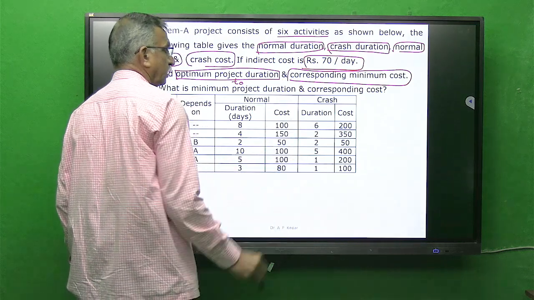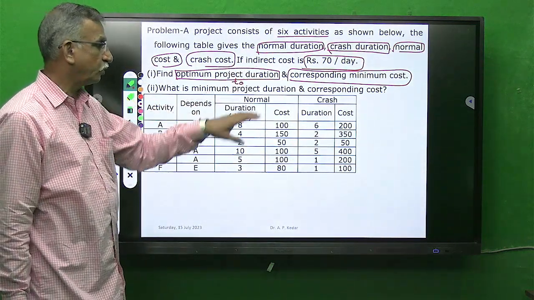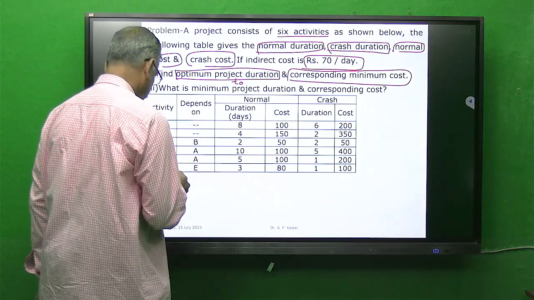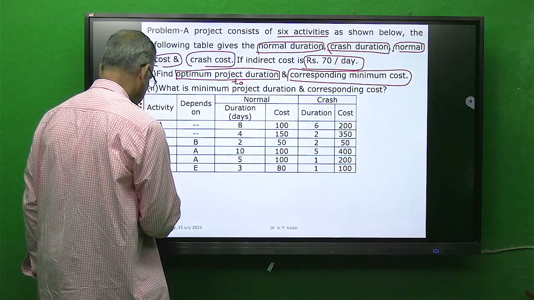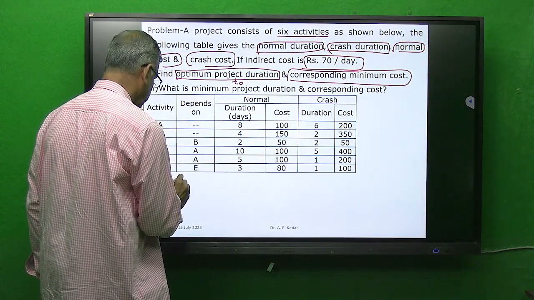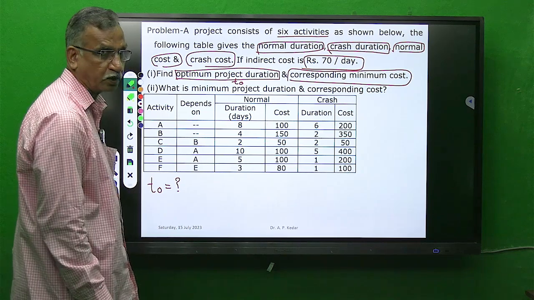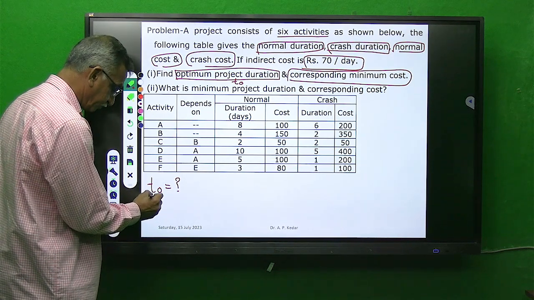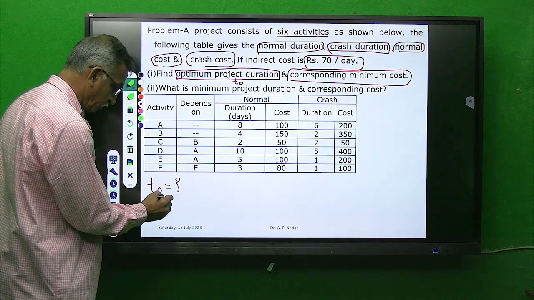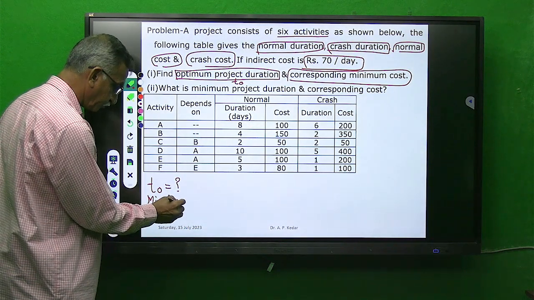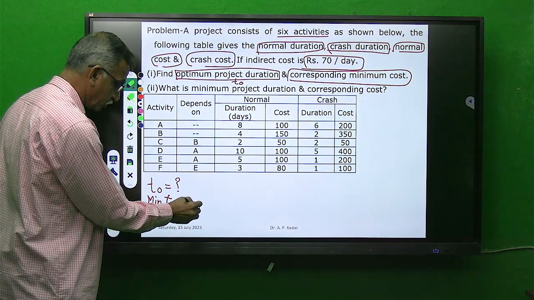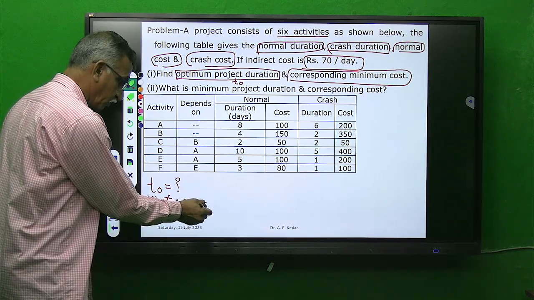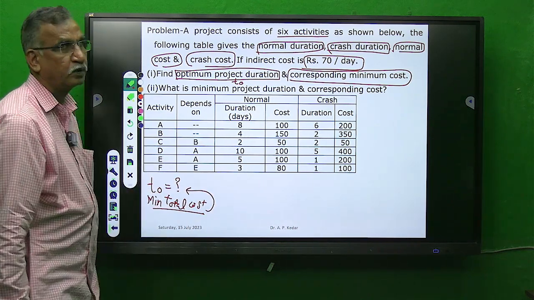Now here what you have to find is TO equal to what? That is to be analyzed, and the minimum total cost for this particular project for the given TO.